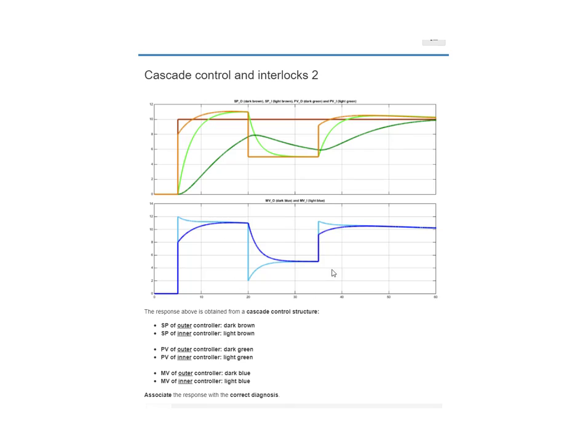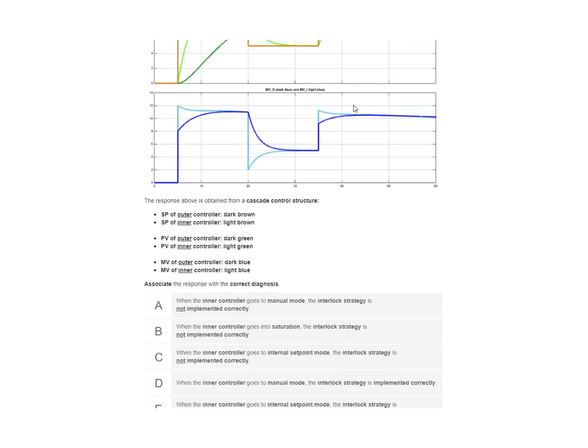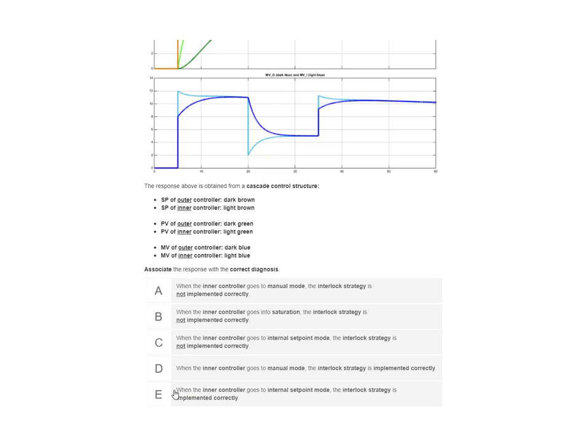So there is no windup of the outer MV, and this is why when everything goes back to normal, so when the inner controller goes back to external mode, there is no unwinding of this outer MV, and the outer PV will go to set point much faster than in the other situation. So clearly the correct answer this time is: when the inner controller goes to internal set point mode, the interlock strategy is implemented correctly, so answer E.